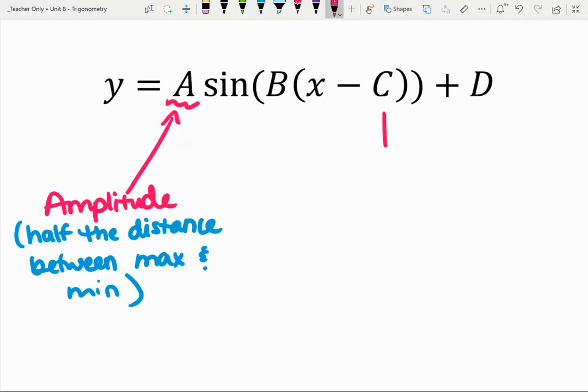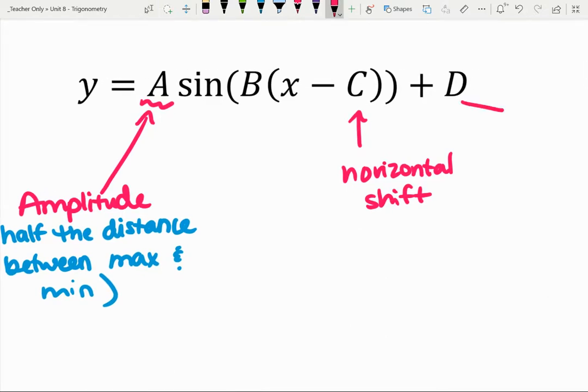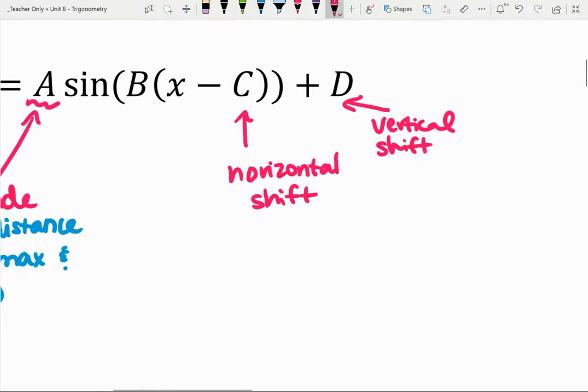We can have a horizontal shift or a vertical shift, depending on whether we're talking about a C or a D value. This is a vertical shift, and remember that D value also tells us the midline. That vertical shift tells us the position of the midline.